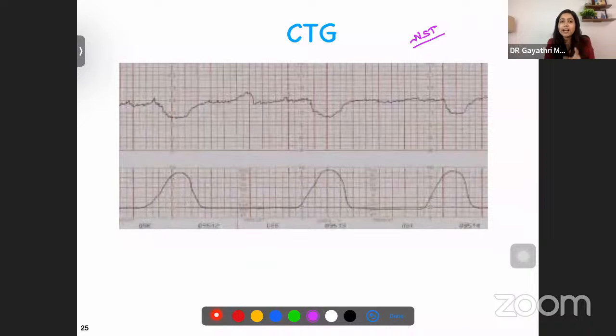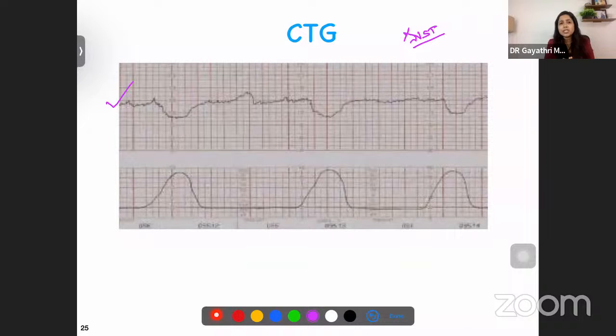If you see a graph in which there are two graphs, one is tracing the fetal heart rate and the other is tracing the toco, or the contractions of the uterus. Now we will understand that it is a CTG, that is a cardiotocography, and not an NST.